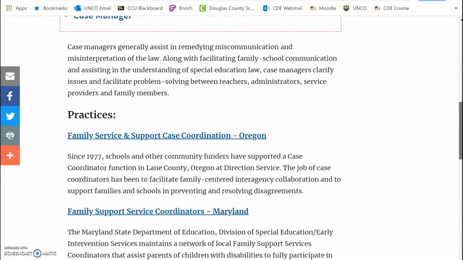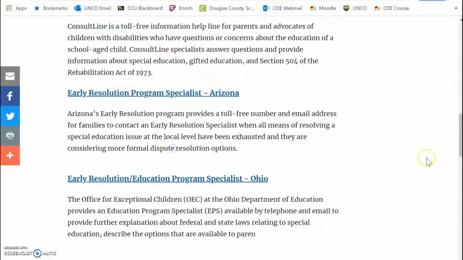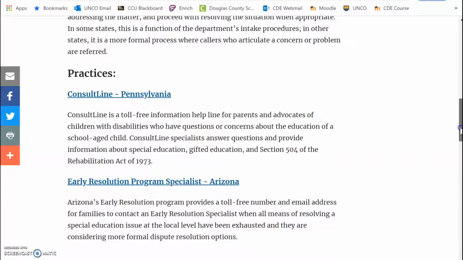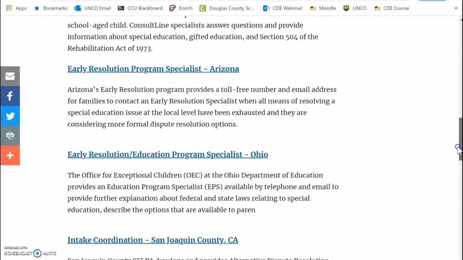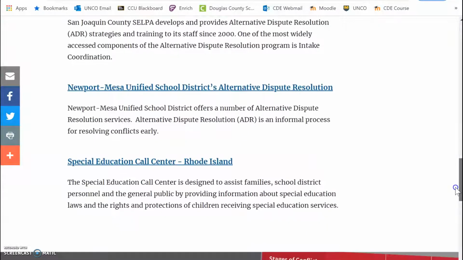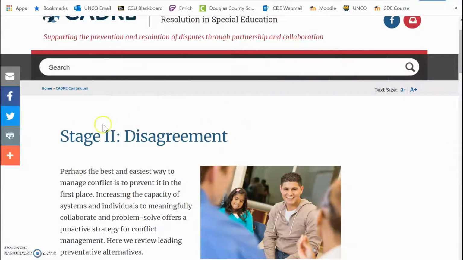There are a couple different ideas included here for ways to reduce and diffuse some of this, and resources for parents and advocates. So you'll see again, these go by state, just showing us what different states do, what they have in place to help inform and support schools and families.